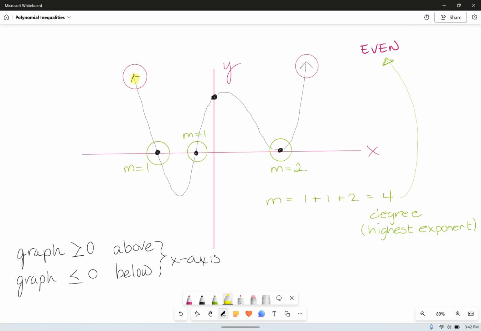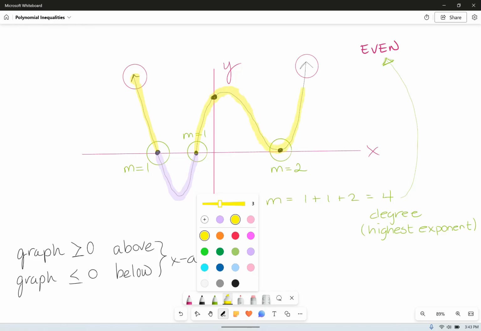So I'm starting right over here, and this piece is definitely above the x-axis, right? So I'm going to highlight that. This piece right here, this purple piece, is not. It falls below the x-axis. Let's go back here. This is above. It's still above the x-axis, still above, above, above.